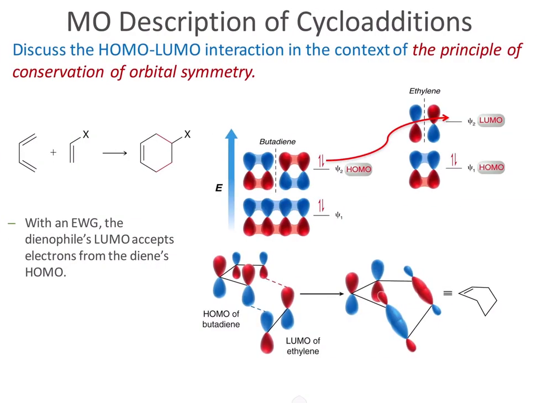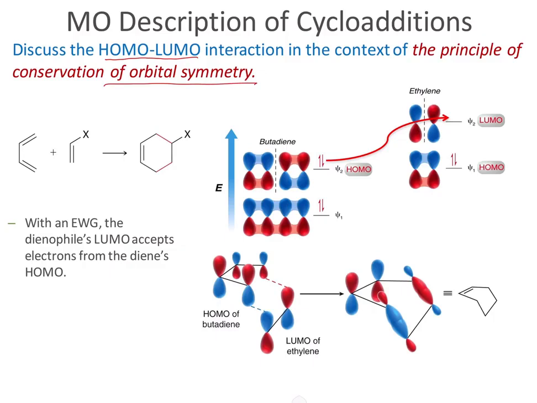Now, let us look at cycloaddition reactions. In cycloaddition reactions, it's going to involve the HOMO-LUMO interaction. And this is in the context of the principle of conservation of orbital symmetry, where some of the reactions are going to be symmetry allowed, some of them are going to be symmetry forbidden.